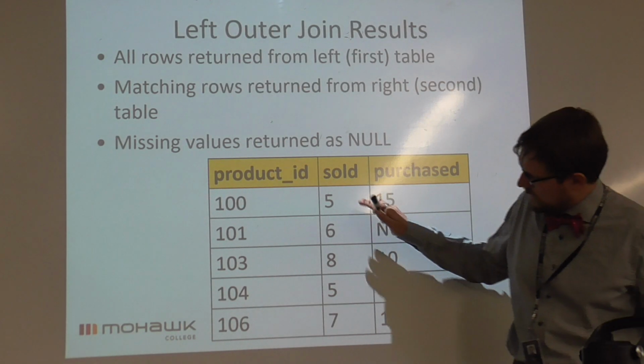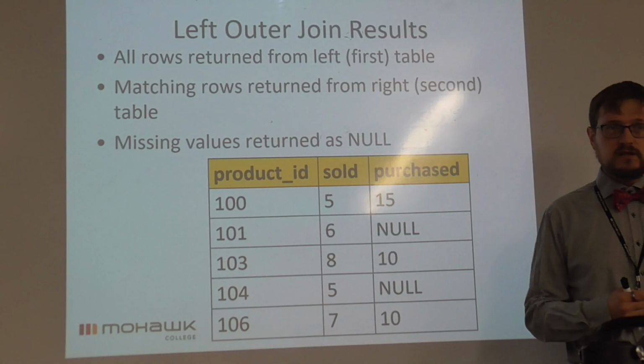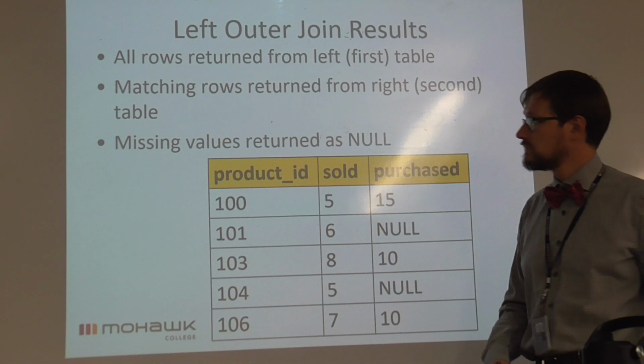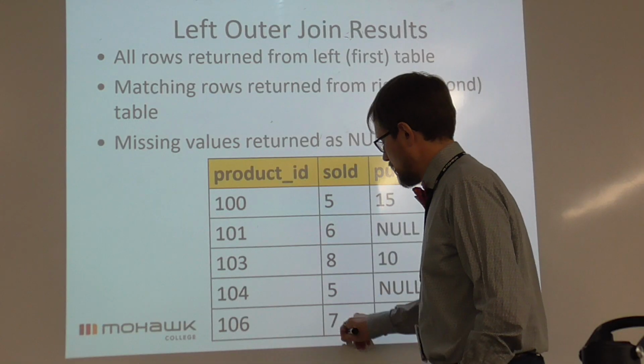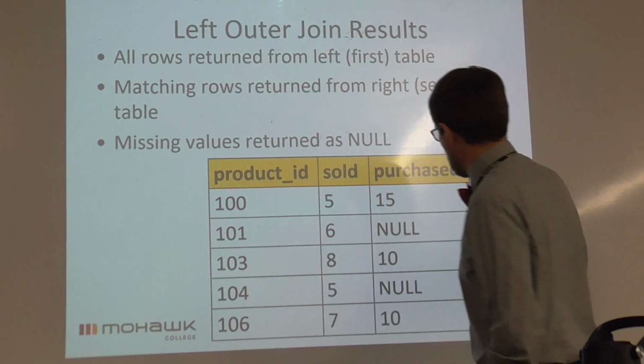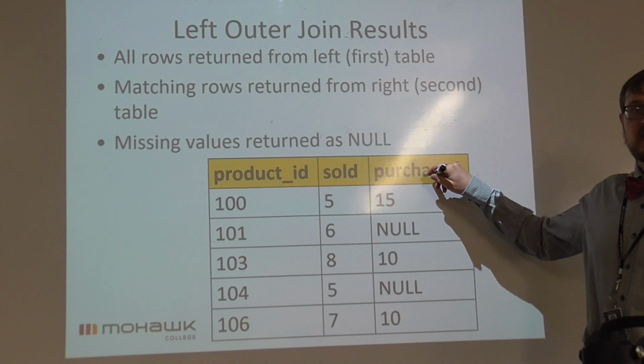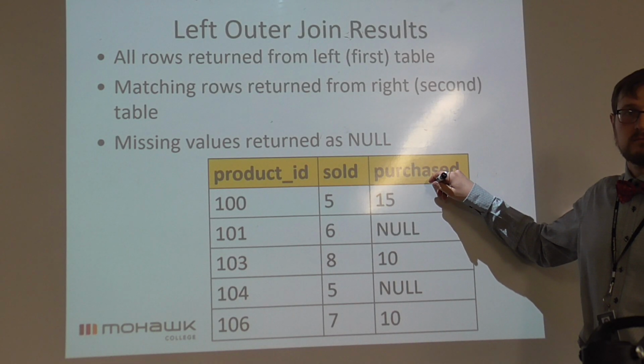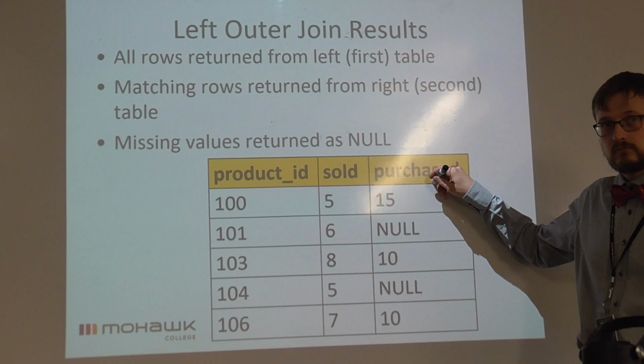So, what the left join means, everything in the left column is there. Not all of the things in the right column are there, necessarily, right?